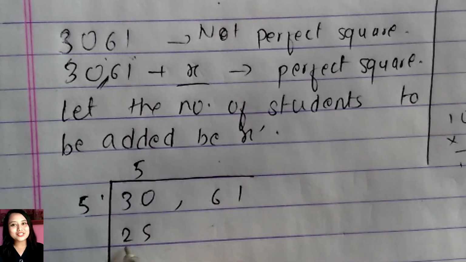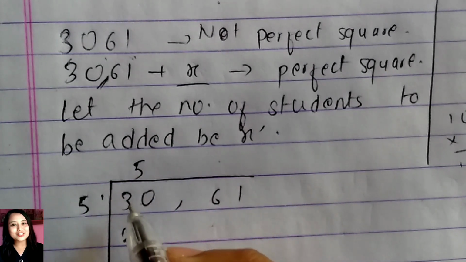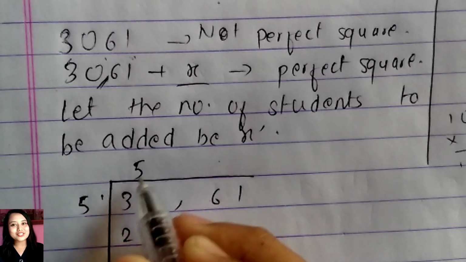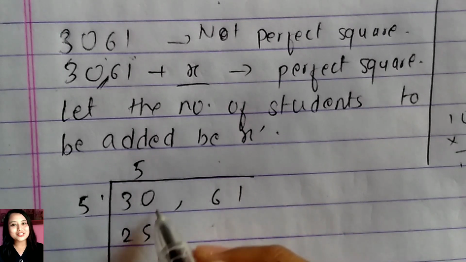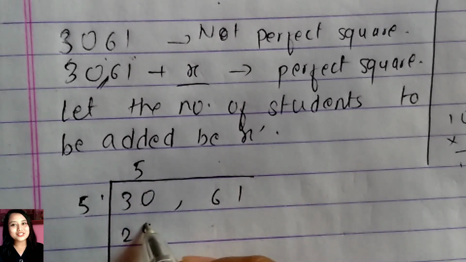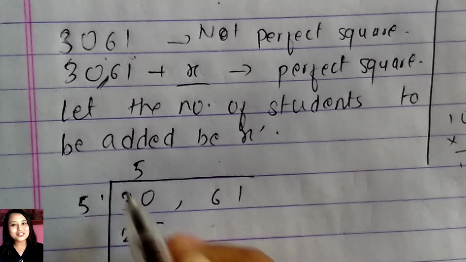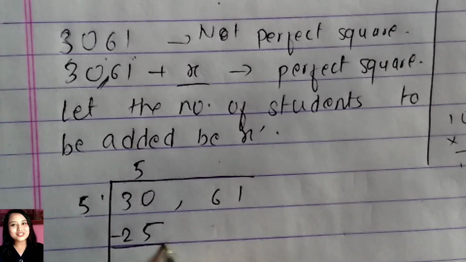We could do 2 into 2 or 3 into 3, but we should take the nearest one to 30. So 5 5s are 25, and 5 is remaining.